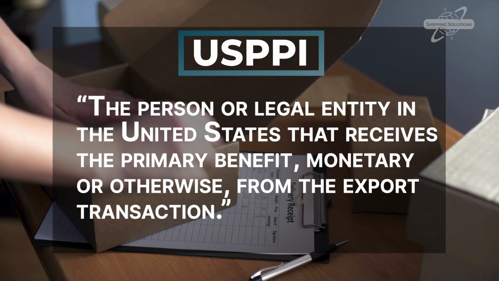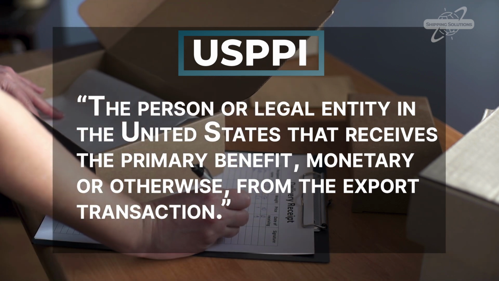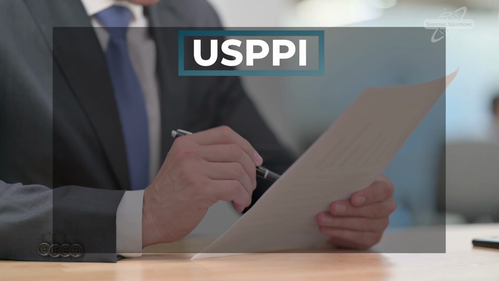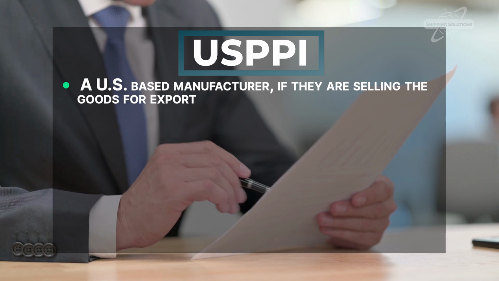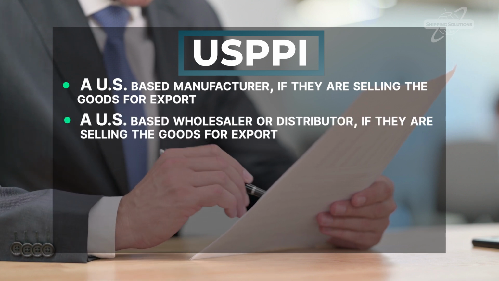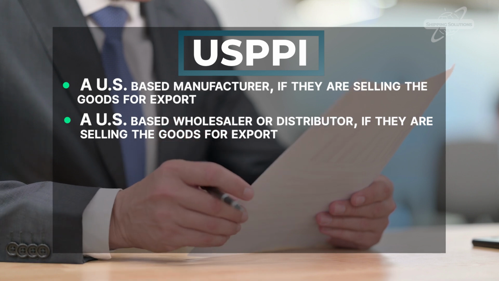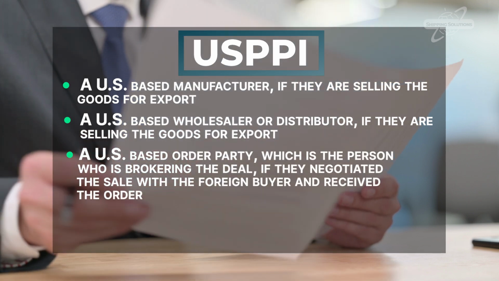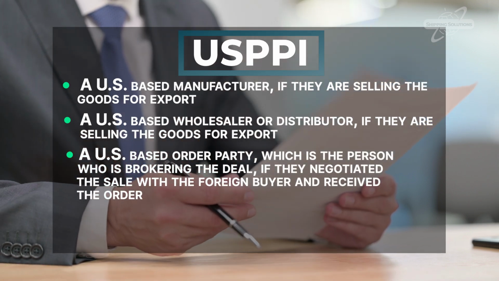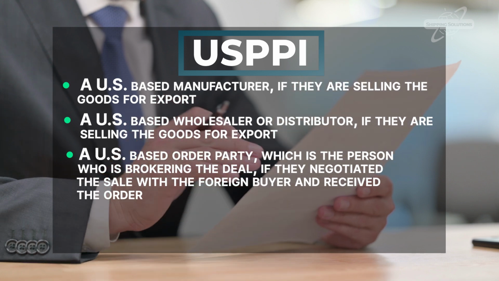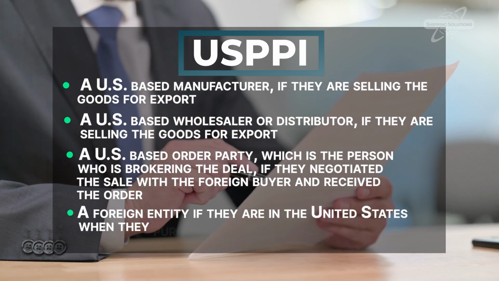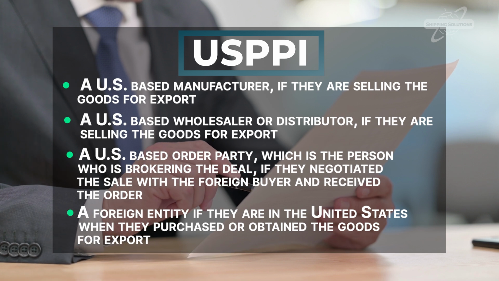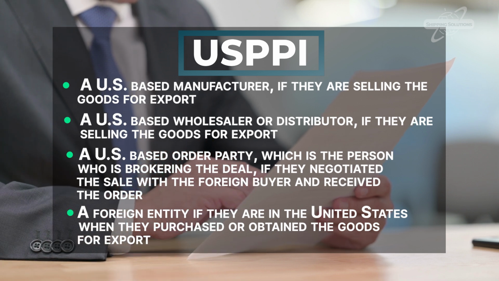The definition goes on to say that the USPPI's general description can include a U.S.-based manufacturer if they are selling the goods for export, a U.S.-based wholesaler or distributor if they are selling the goods for export, a U.S.-based order party, which is the person who is brokering the deal if they negotiated the sale with the foreign buyer and received the order, a foreign entity if they are in the United States when they purchased or obtained the goods for export.